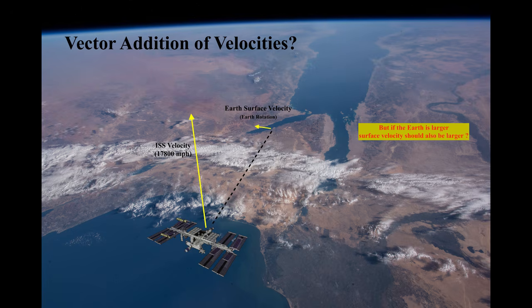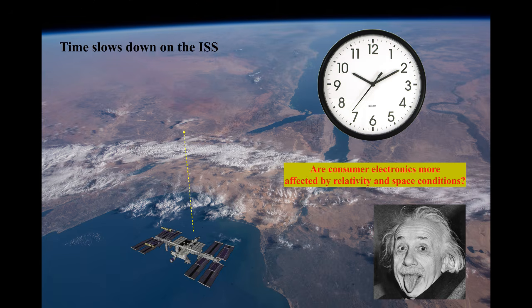And then obviously the Earth's surface has a velocity as well. But if the Earth is larger, well, that surface velocity would be higher as well. Now, the other intriguing concept to keep in the back of your heads is, what if time slows down on the ISS? That would have the same effect, but we'll come back to this.